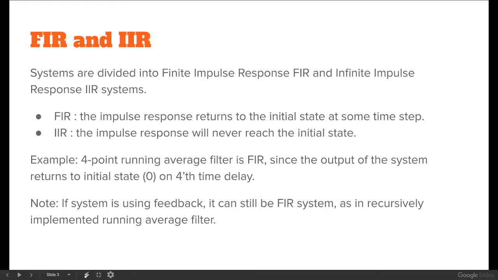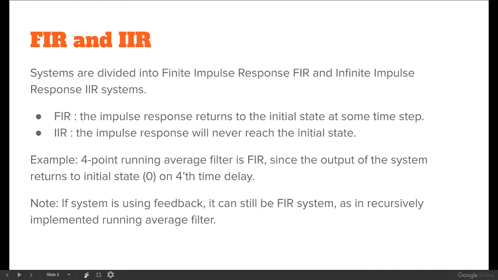Based on the impulse response, the systems are divided in two. One is the finite impulse response system. Basically, the definition is that the impulse response returns to the initial state at some time step.